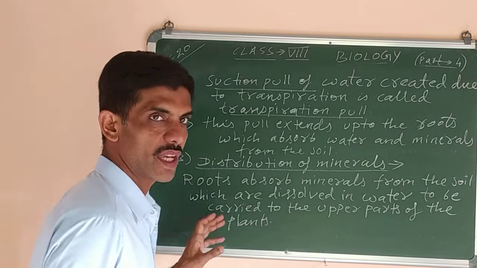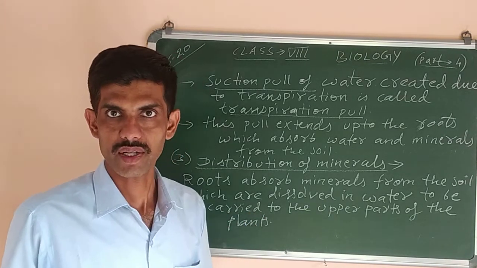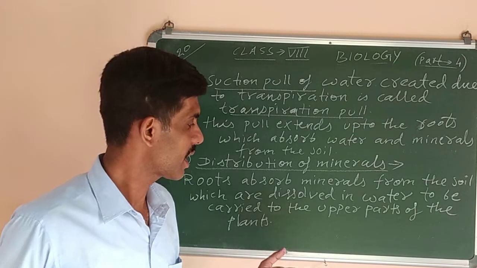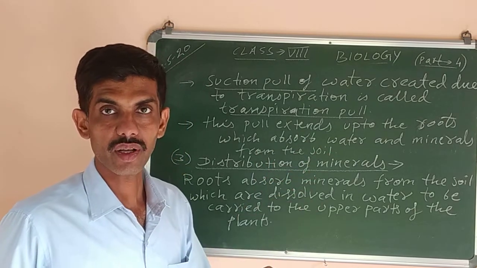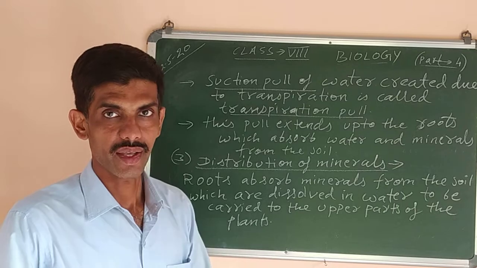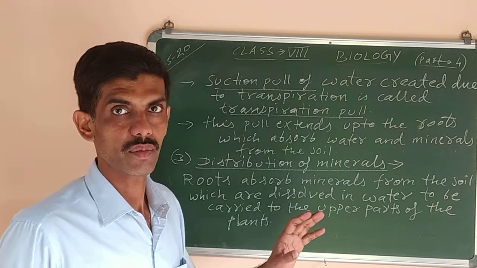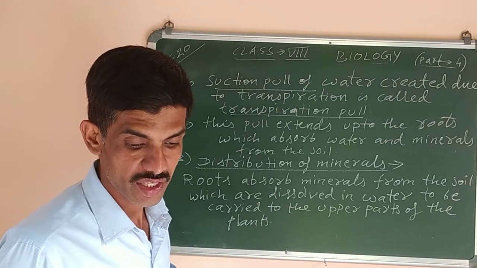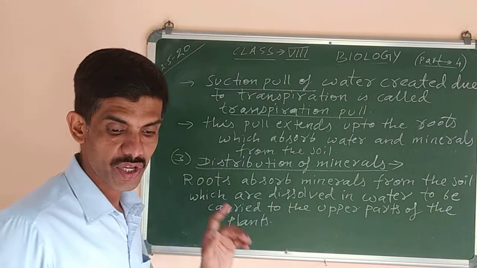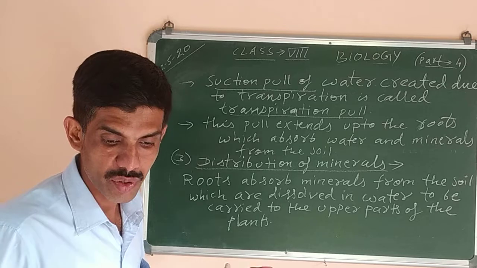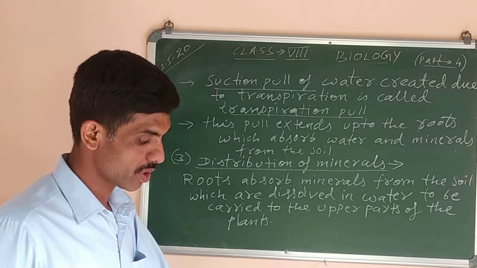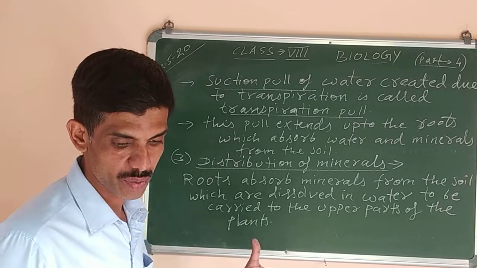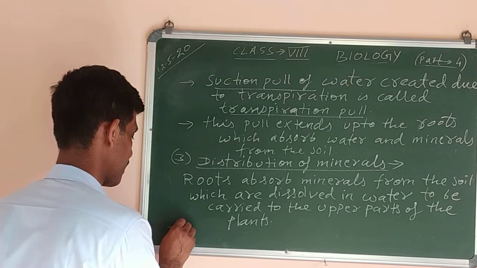Okay, these minerals are distributed to all parts of the plant. After being carried to the upper parts, they do not remain confined to one place only. They are distributed equally to all the parts of the plant, like to the stems, branches, leaves, everywhere it will get equally distributed. Transpiration pull helps in distributing these minerals. Because of transpiration pull, the minerals are distributed throughout the plant.